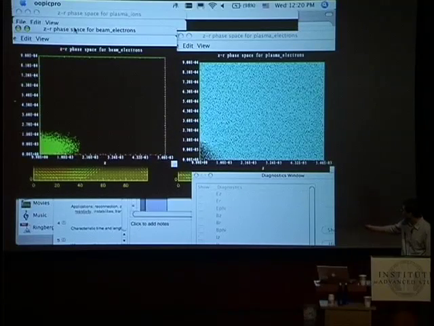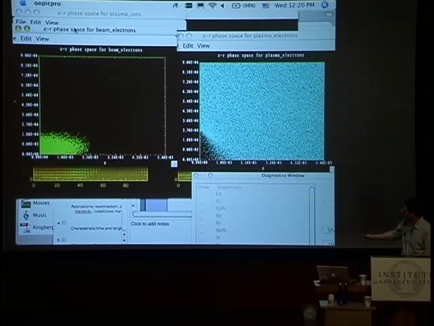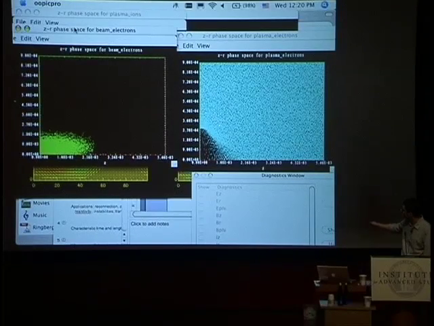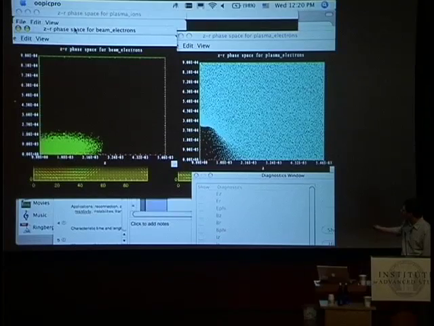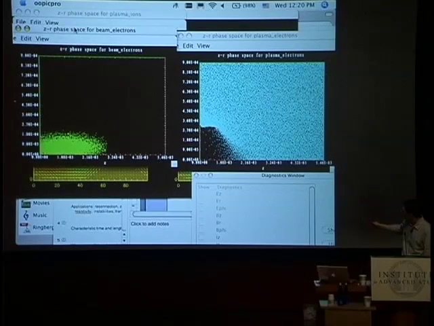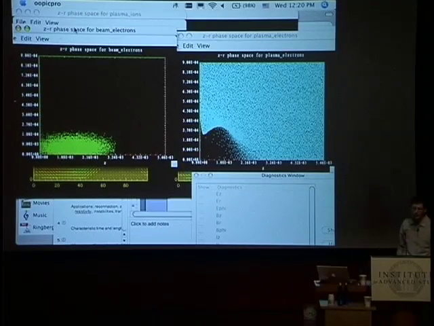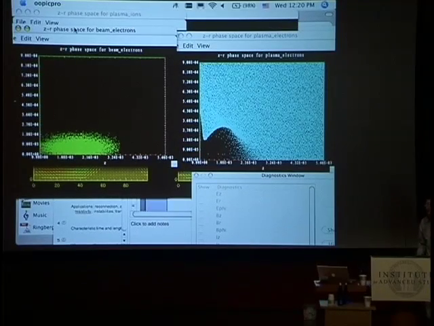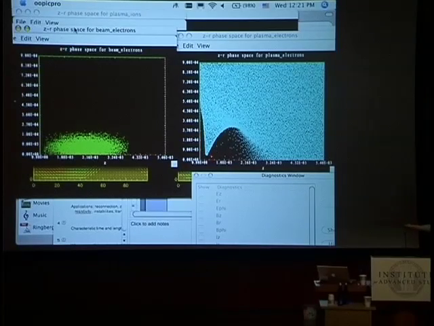And here you can see what electrons in the plasma are doing. The electric field of this electron beam is blowing this plasma apart, and you can see that it's flying out. But then the ions which are left behind are starting to attract these electrons back. So they're starting to come back, and they're kind of going around this electron beam.